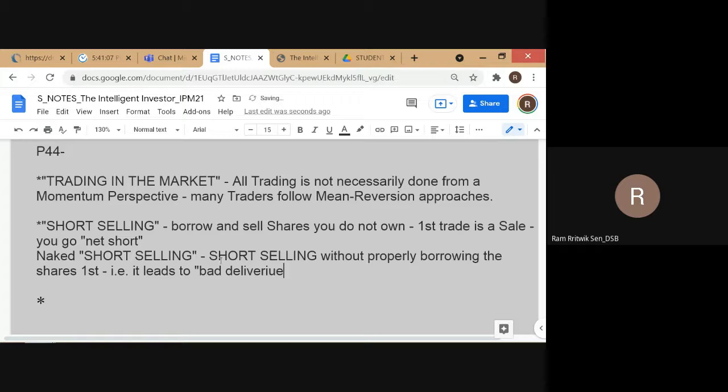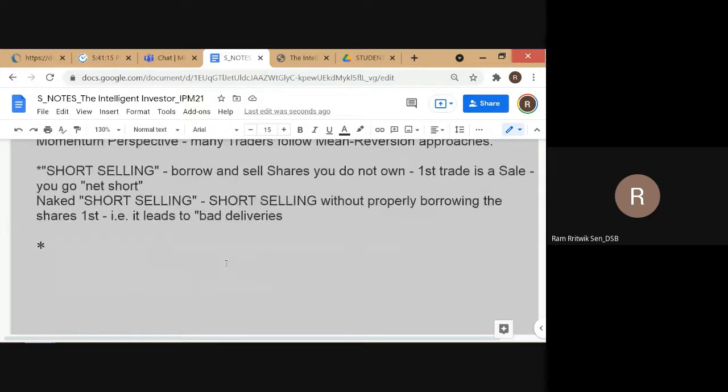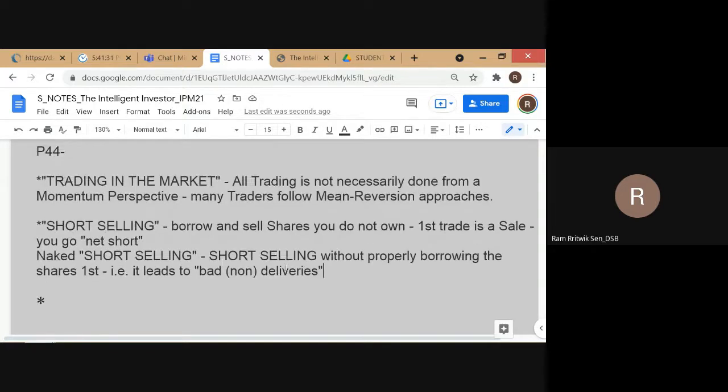So you can't deliver because you never even bothered to borrow the stocks. So this is called naked short selling. It's totally illegal. We call it bad deliveries in the market, but these are basically where there is no delivery of the shares, or whatever is delivered is not a legitimate share certificate. So it's basically like a non-delivery because you haven't delivered the proper item. So this is totally illegal, naked short selling.